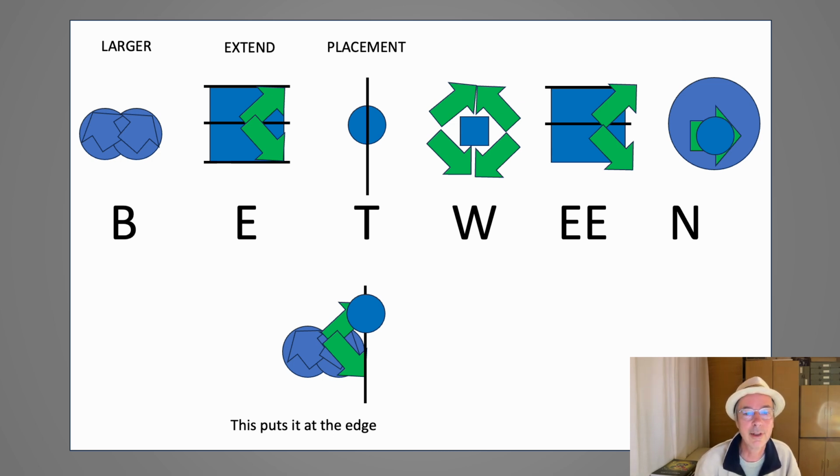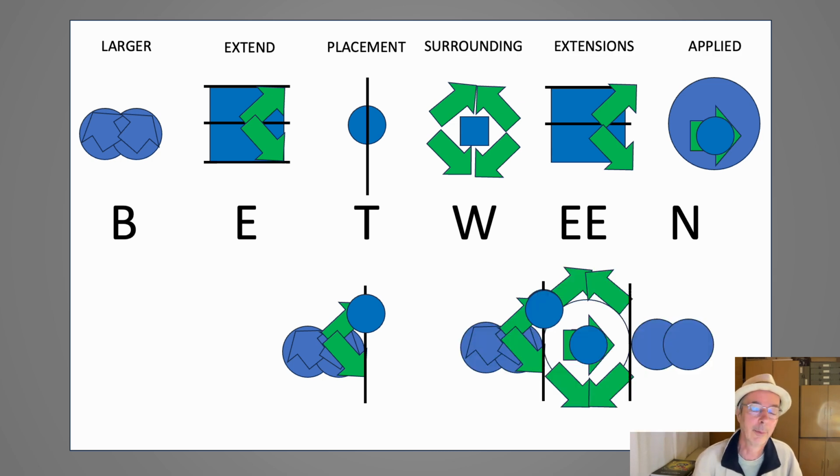The W, the E and the N, how do I translate then? The W, the surroundings, it's the loose surroundings, let's say, with the extension, so it's an extension in the surrounding, and that I apply. So I apply an extra extension to the already known object. So this is a fictive association that I have, this extension, a surrounding extension, and I apply it.